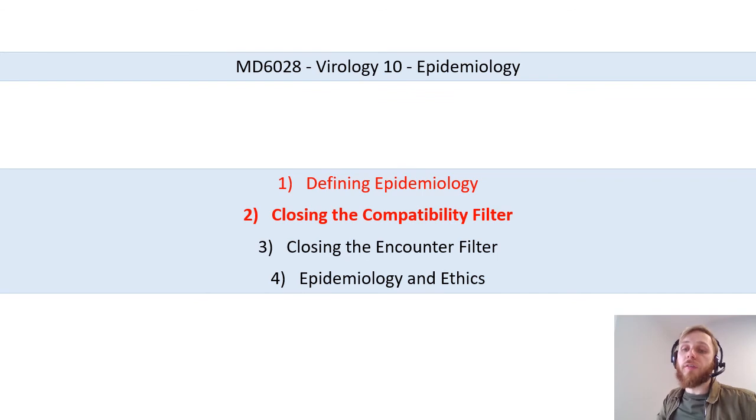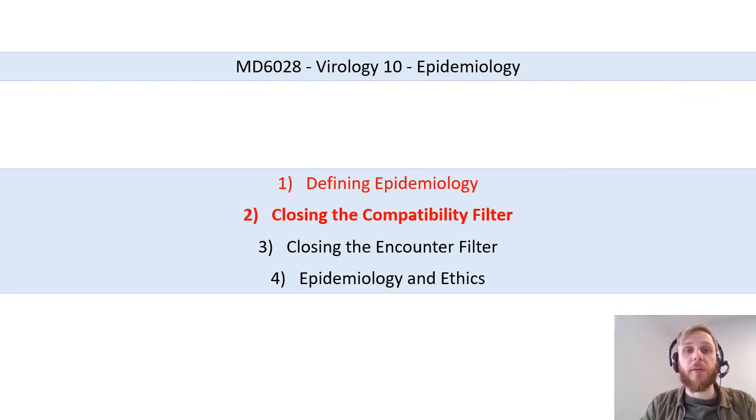Okay, so there's a lot of information there. What we've really done is explored this idea of the compatibility filter. So we've mentioned some ways that we can close the compatibility filter. Most of those ways won't be particularly new to you, but we did add some new information there and explored them specifically in the context of viruses. And then we looked more at this idea of compatibility.